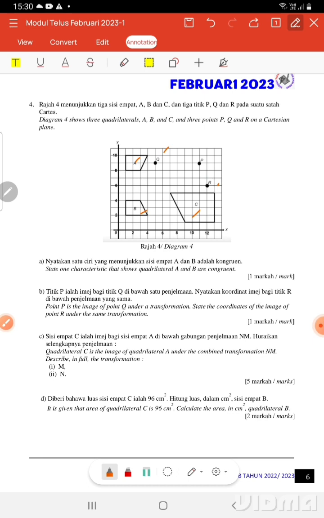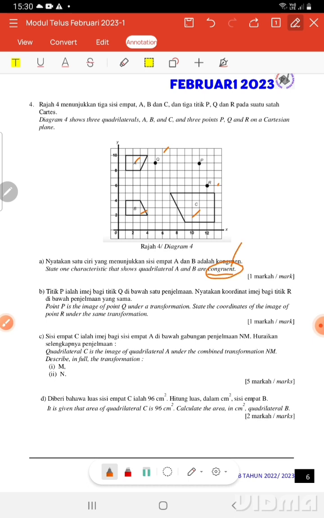For question A, state one characteristic that shows quadrilateral A and B are congruent. Okay, it has already told us A and B are congruent, but it wants to know why we say A and B are congruent. Remember congruent, which you have learned in form 2.